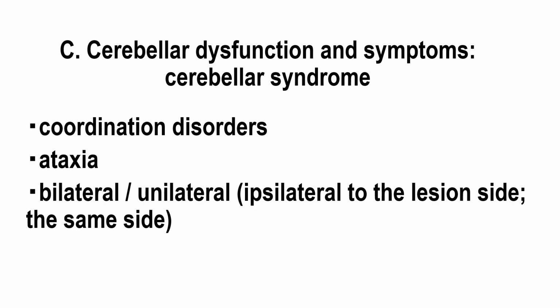Cerebellar symptoms can be unilateral, affecting one side of the body, or bilateral. In unilateral cases, the symptoms are observed on the side of the lesion, that is, the same side, or termed ipsilateral.